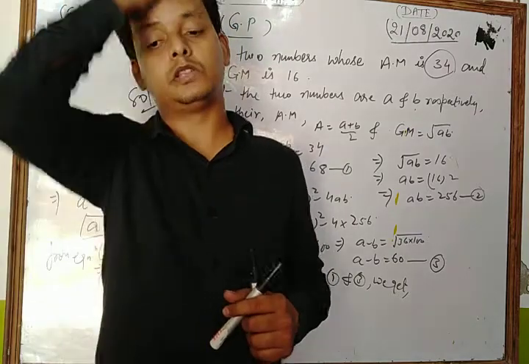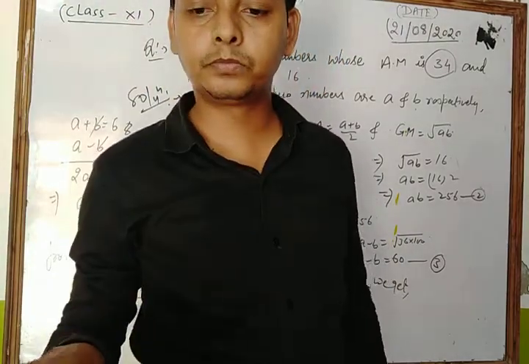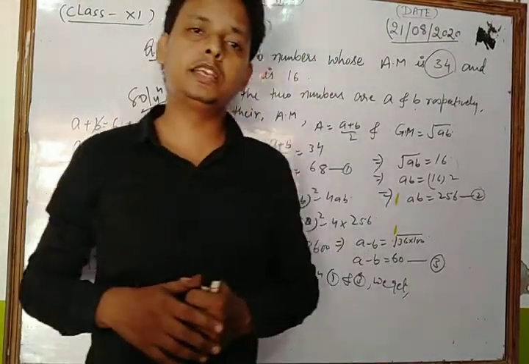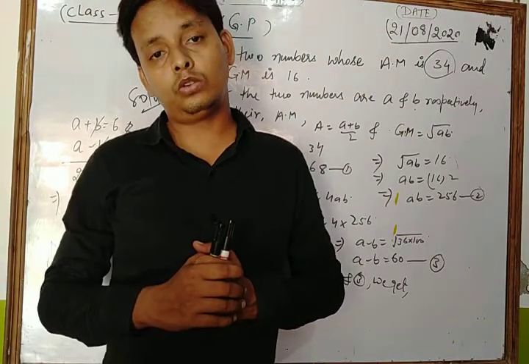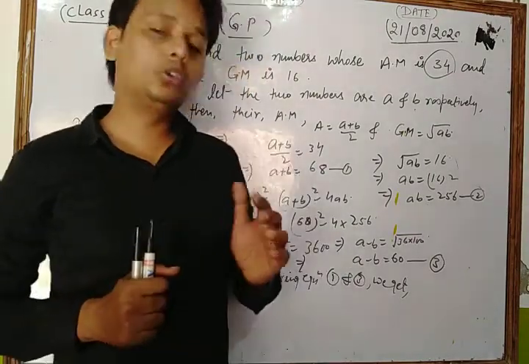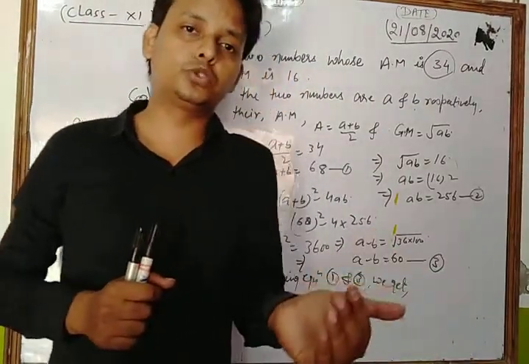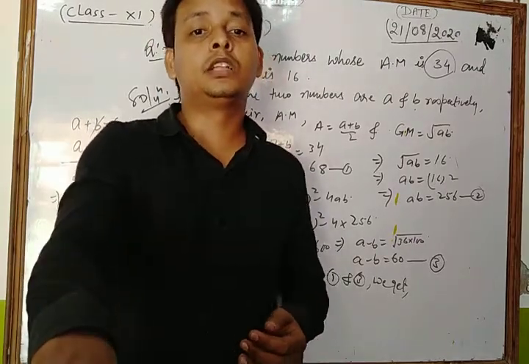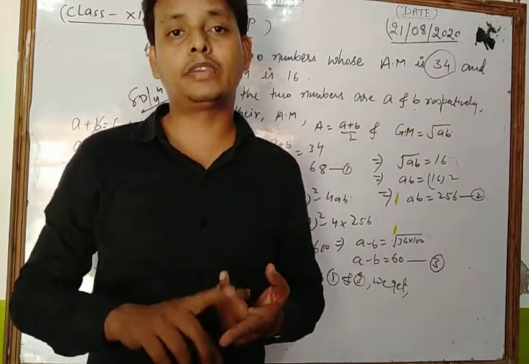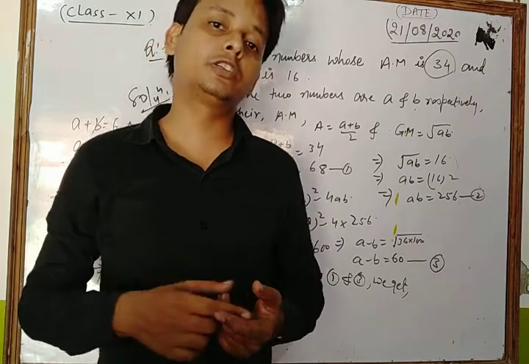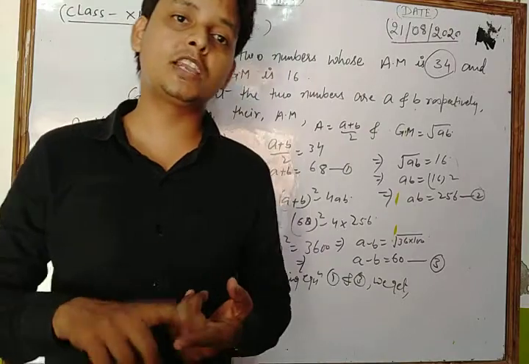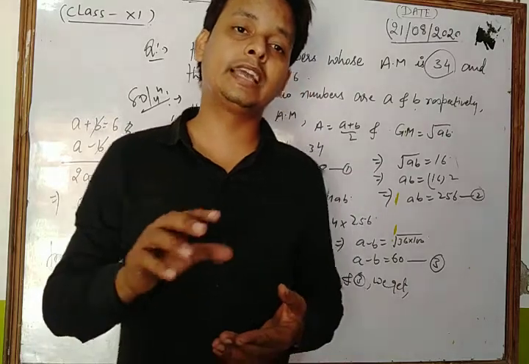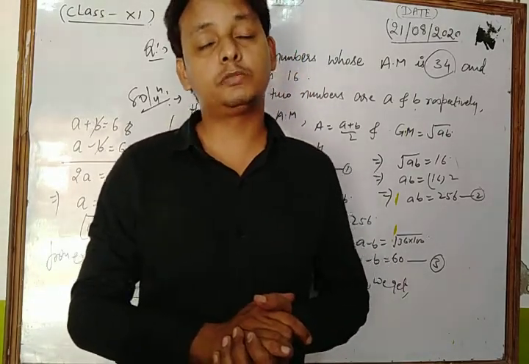Okay, now dear students, your chapter GP is completed. Now you revise all the topics of geometric progression which we discussed in previous classes, like the nth term of a GP, the sum of n terms of a GP, the sum of an infinite GP, and selection of terms in a GP, and also we discussed the mean of a GP, and inserting n geometric means between two numbers.